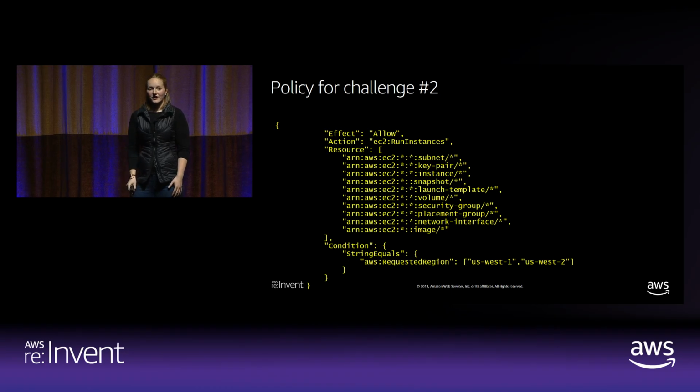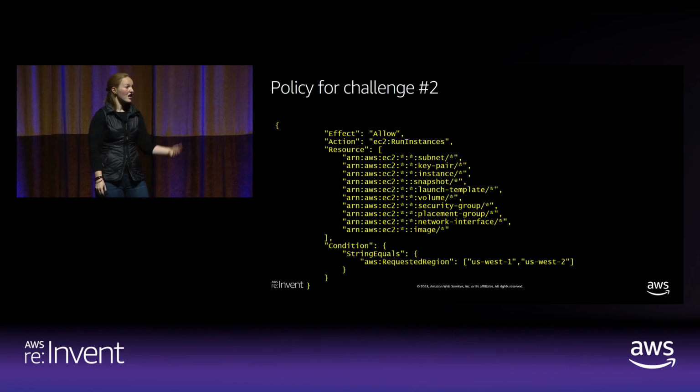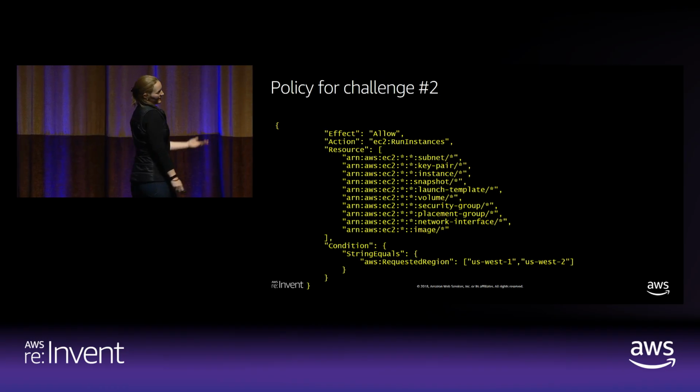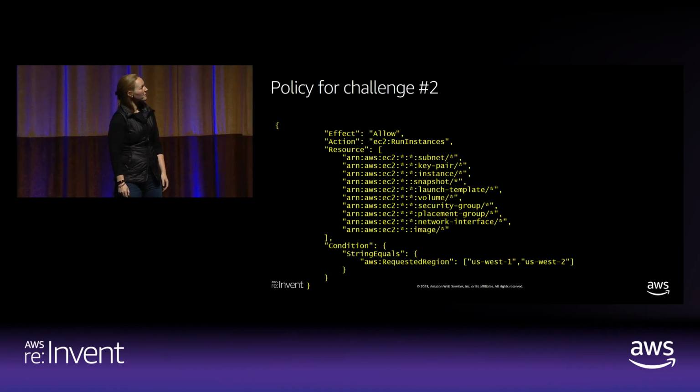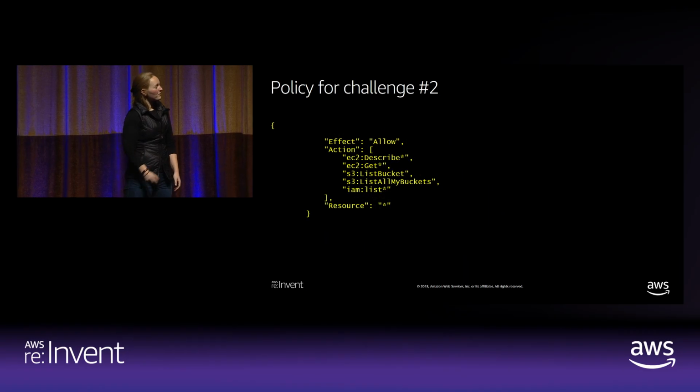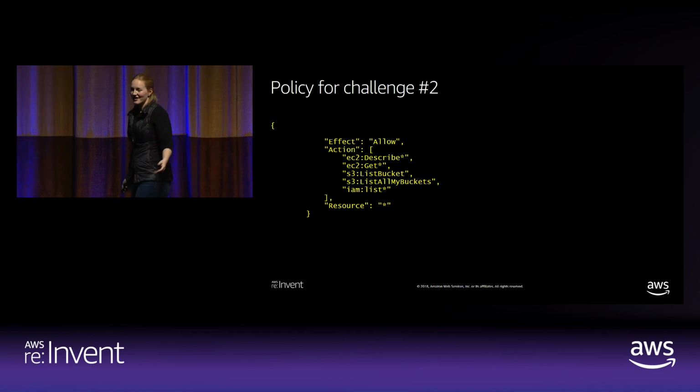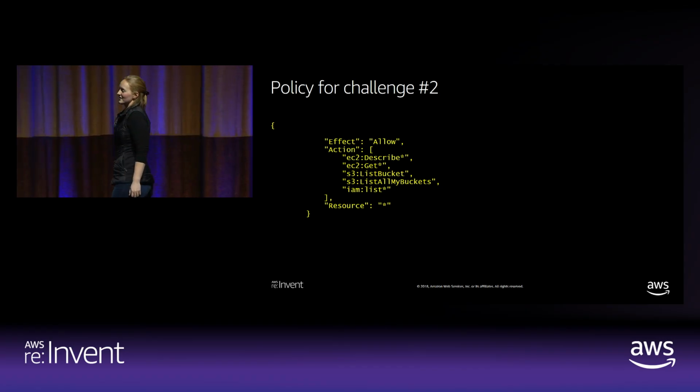But today I just threw on a condition: if you're going to launch an instance, you have to do it in the West Coast. West Coast, Best Coast. Well, at least two regions in the West Coast. All right, and then I allowed all the reads and list as star. I don't care if you can list objects in other accounts or in other regions, no big deal.